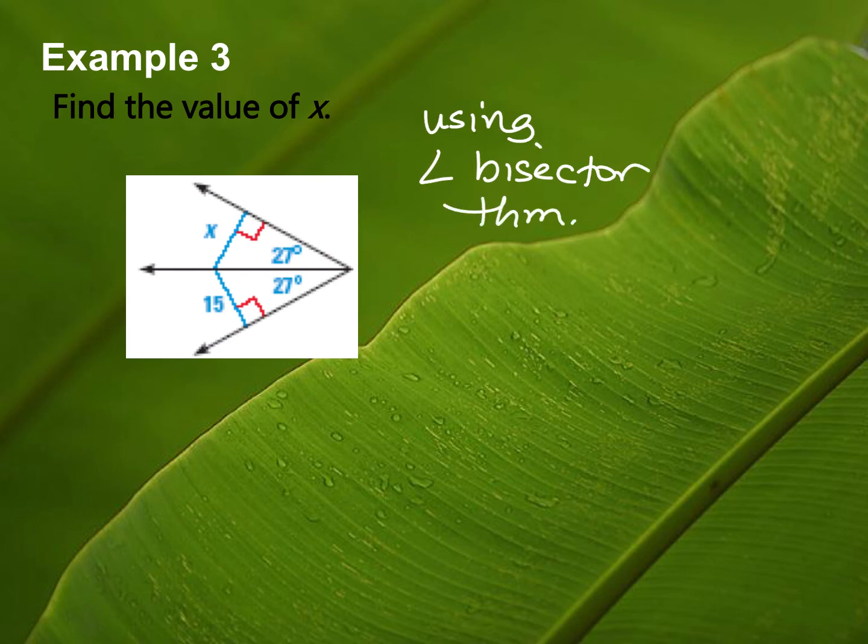Notice that I'm given two congruent angles, so I know that this angle has been bisected. I also have the right angle marking showing that these are distances. Because this angle has been bisected, I know that these two distances are equal. So x would equal 15.